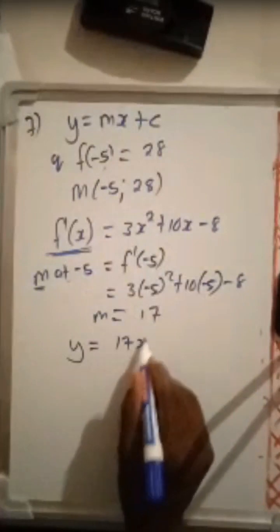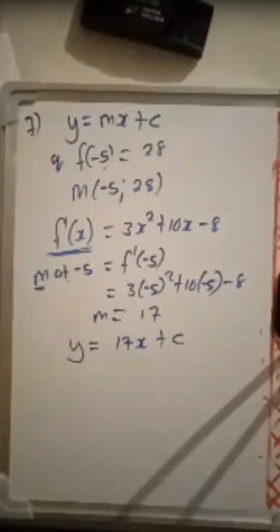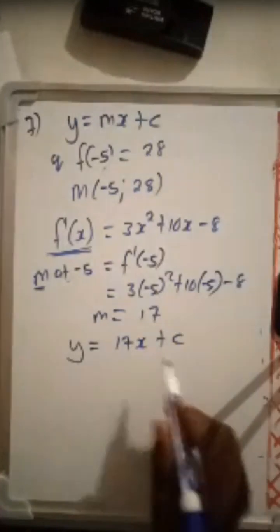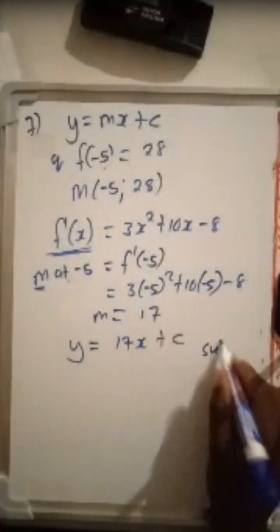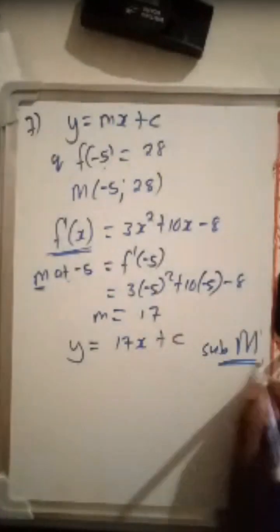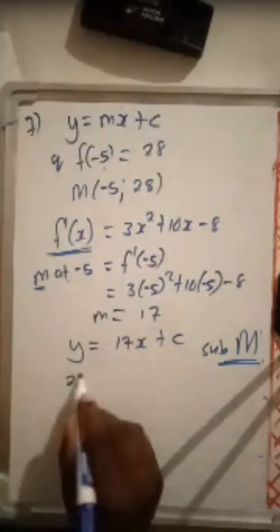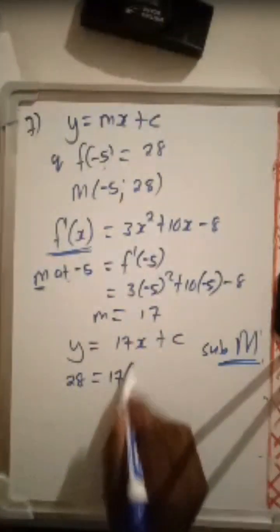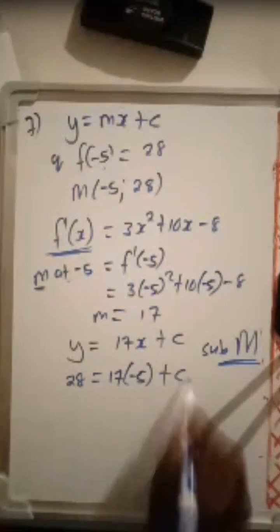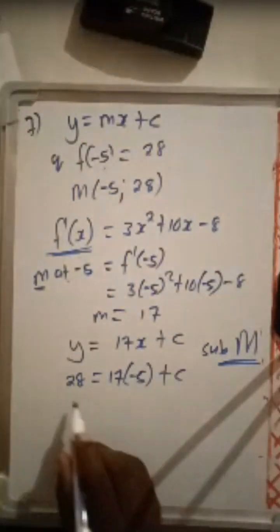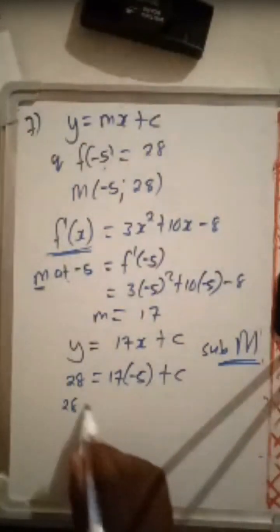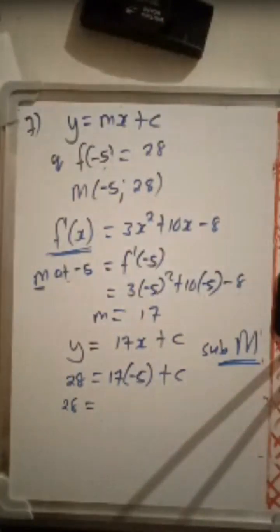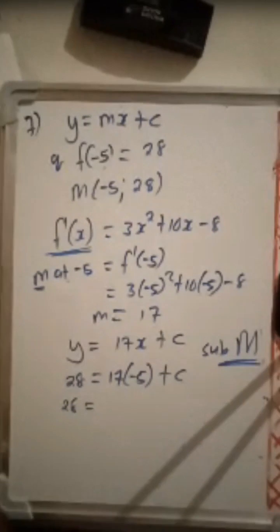In order to find c, substitute the point. 28 is equal to 17 multiplied by negative 5 plus c. Then that is 28 is equal to 17 times negative 5, minus 85 plus c.